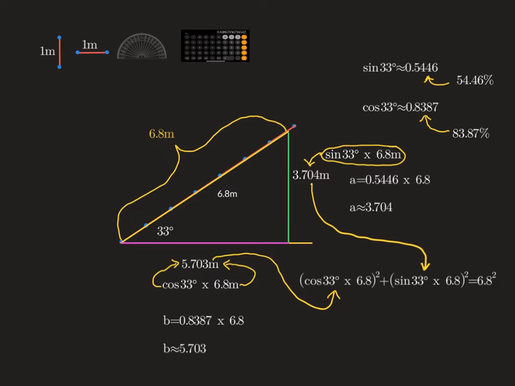If we don't round either of these, we square them both and add them together, you'll see that we will get exactly 6.8 squared. Take the square root of that, and you get 6.8. So it's just a fun little thing to see that the Pythagorean theorem still stands perfectly if you find these sides legitimately using sine and cosine. That makes it also an easy way to check your work if you're working with sine and cos.